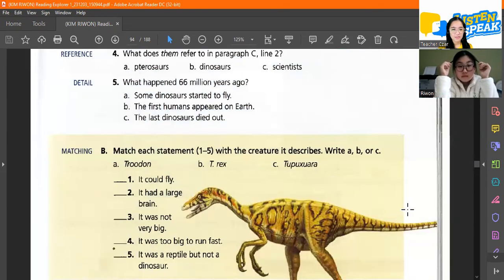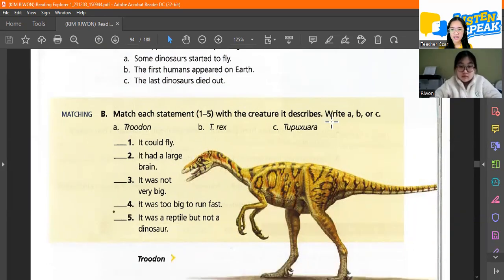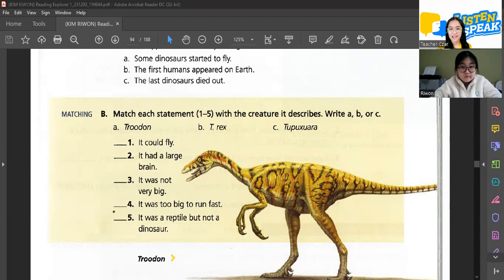Now let's try to have the matching. Here in matching, we need to match statements 1 to 5 with the creature it describes, right? A, B, or C. So, it could fly. Pterosaurus. Yes, very good.